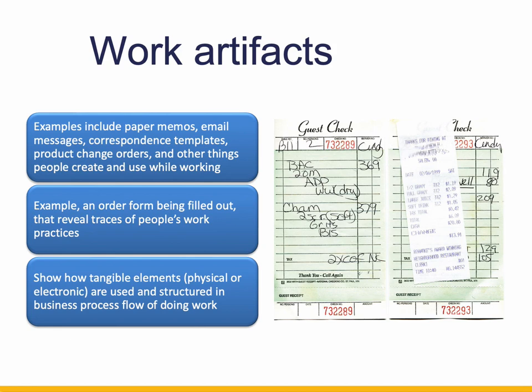And here, an example, an order form being filled out that reveals traces of people's work practices. We have some sketchy handwriting here. I see bacon 369. I think it's an omelet, an app, WW Dry, so maybe wheat toast. I don't know what cham is, 2 grits, BS. I have no idea what this is. On the right, we see half gravy, full gravy, juice, drink, and that's it.